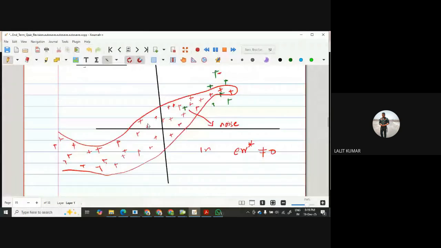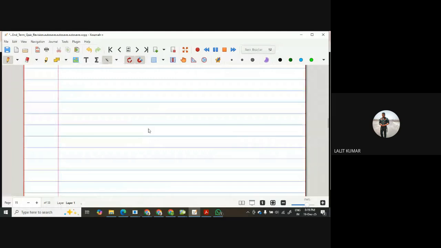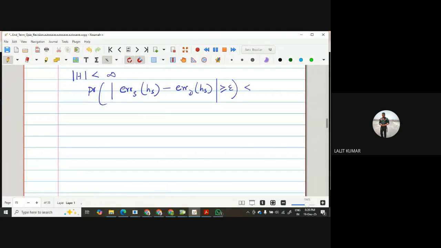These notes I will share after. I had made one error last time. When H is finite, then the probability that the error of the model trained on your training set and the error on the test data set differ by more than epsilon is less than or equal to 2 to the power n.